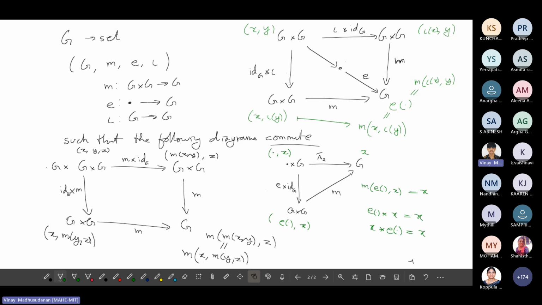Corresponding to every element x, there is a specific element I of x, such that when you apply the binary operation with, oh right, I'm sorry, I did make a mistake here. This should be just G. It is not G cross G. My mistake. It is just G. So I'll modify this also. I'm so sorry about that.